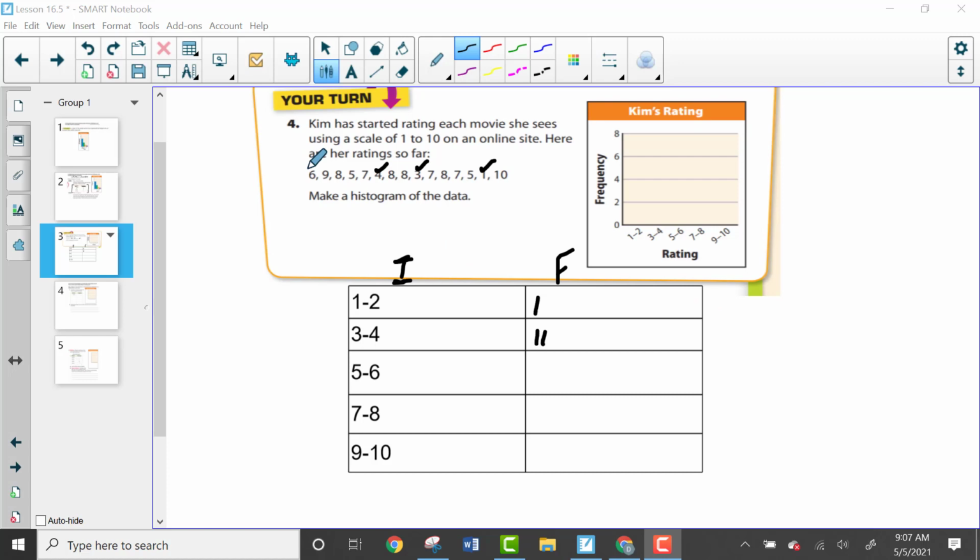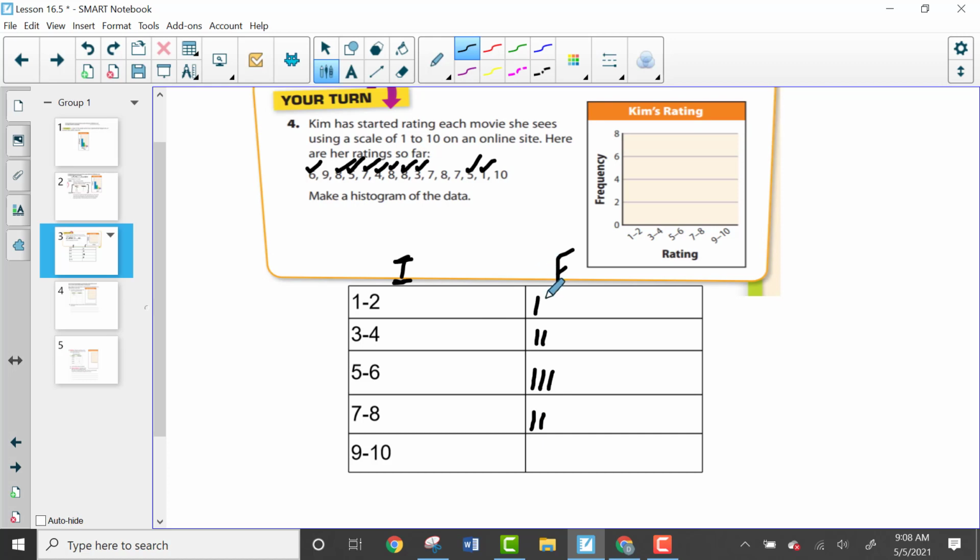Now 5 to 6. You can see we have 1, 2, and 3 in 5 to 6. And then 7 to 8, you can see there's an 8, so we make a tally there. There's a 7, we make another tally.